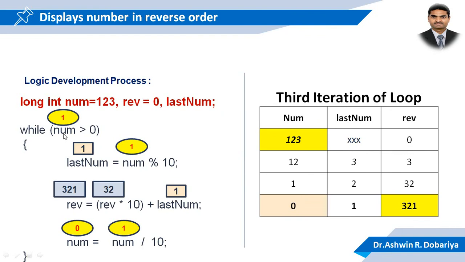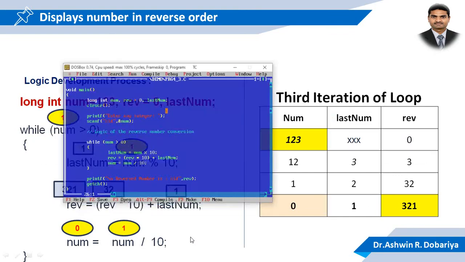Now in the last iteration, 0 greater than 0, this condition becomes false, then the loop will be terminated. And see what is the latest value in reverse. It's 321, our original number is 123 and the final value is 321. So this is the actual logic of this program.